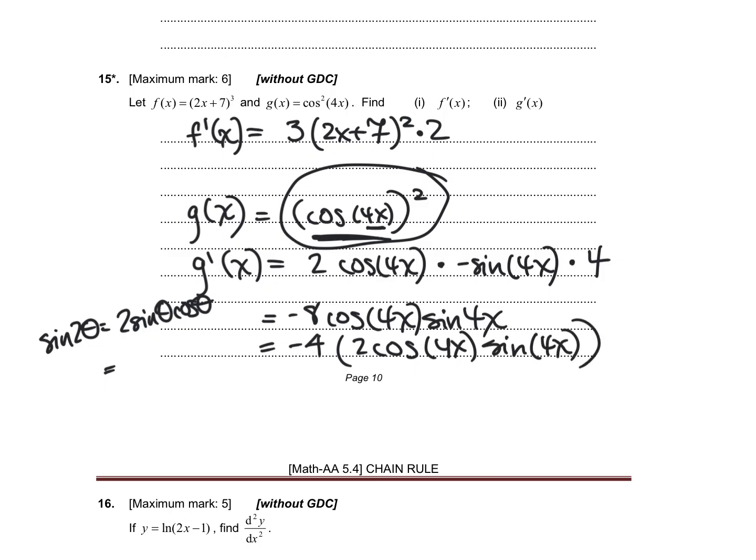So if we have theta is 4x, we can rewrite this as negative 4 sine 8x, because we have that theta is 4x. Okay, so 4x here.